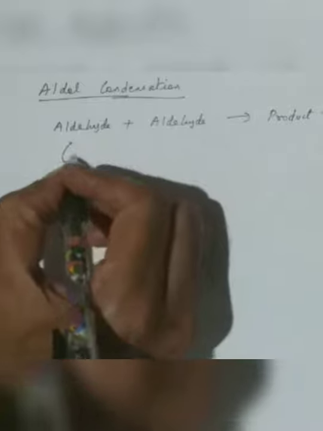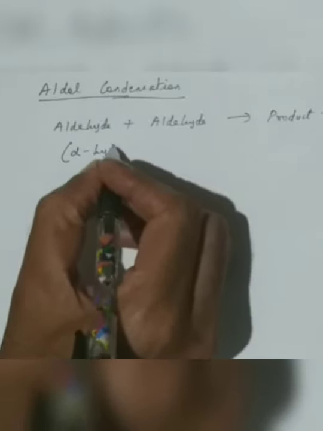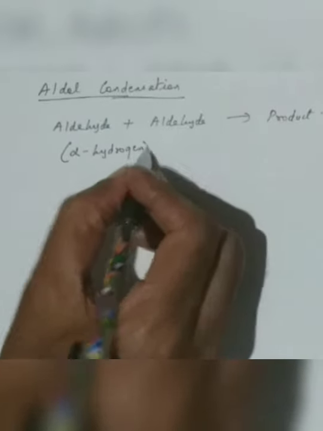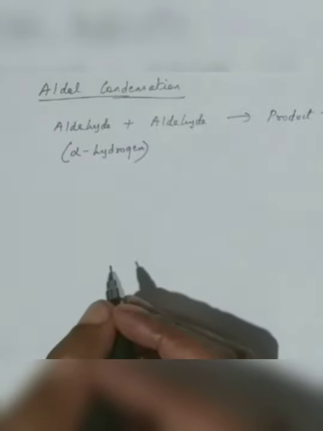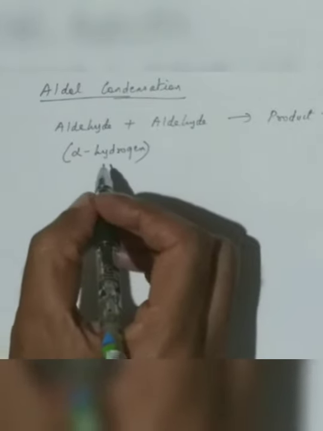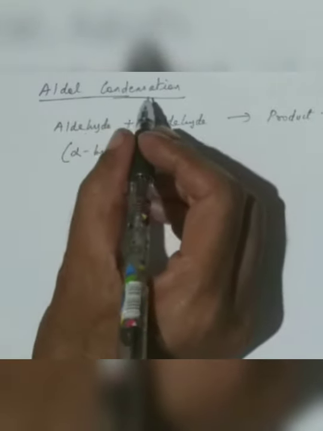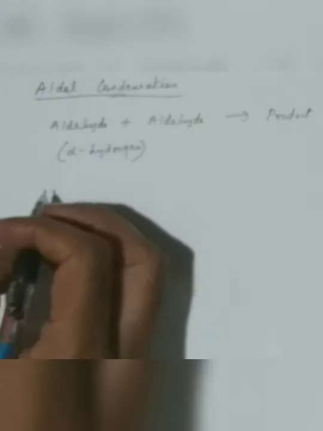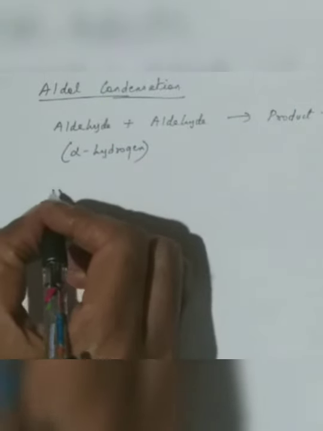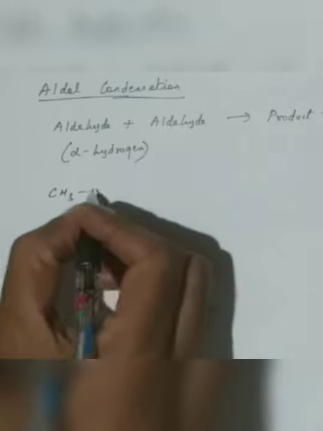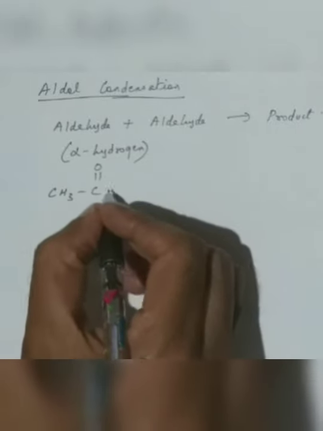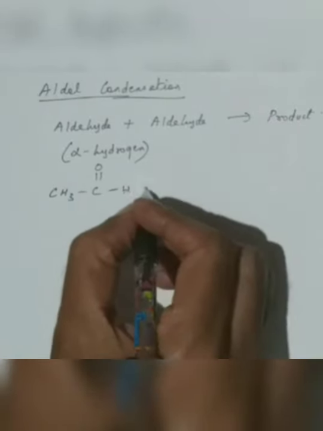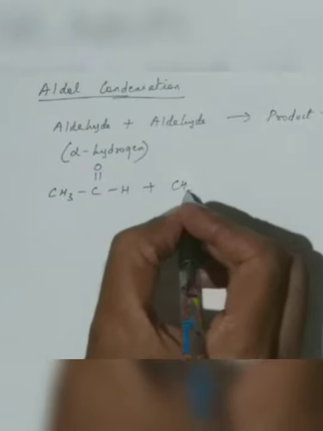This aldehyde must have alpha hydrogen, because we know that the compounds which have alpha hydrogen are the only ones that give aldol condensation reactions. So, let us take acetaldehyde, CH3, C double bond O, H, and once again we take one more molecule of acetaldehyde.